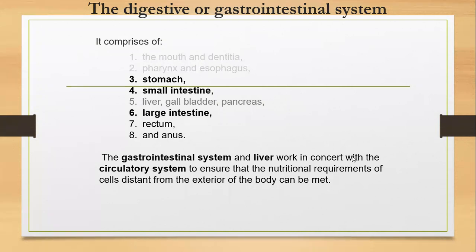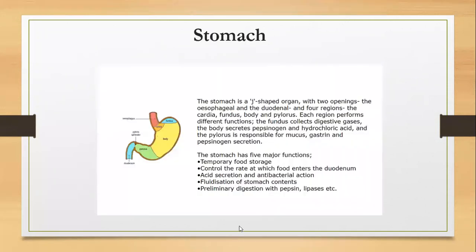So let us look at the stomach. Now, the stomach is a pocket. It's a holding house or room. Whatever you eat, if it were to go straight into the GIT and into the intestines to be digested, you would feel so full, or you would be pushing food before it is ready to be moved.